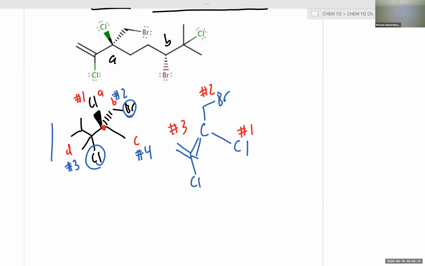And my question to all of you, is this stereocenter R or S? Looking at this arrangement of our substituents, is it R or S? I see a lot of people typing S, that's right. This is counterclockwise. Ergo, we'd assign the center as S.